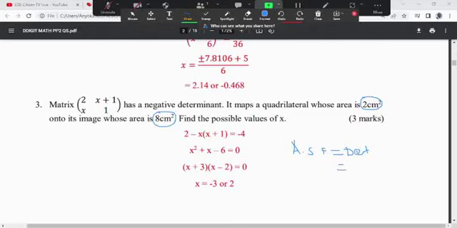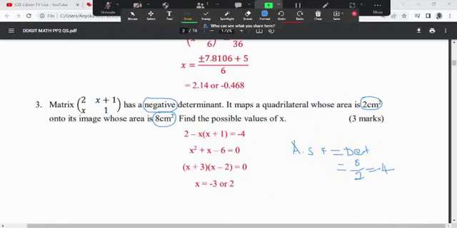Area scale factor is equal to the area of the image over the area of the object, which is 4. But we are told the determinant is negative. So go back and include a negative in your determinant.